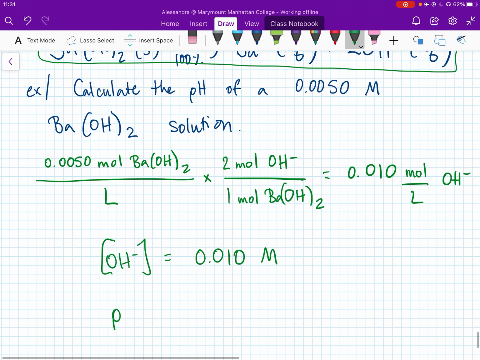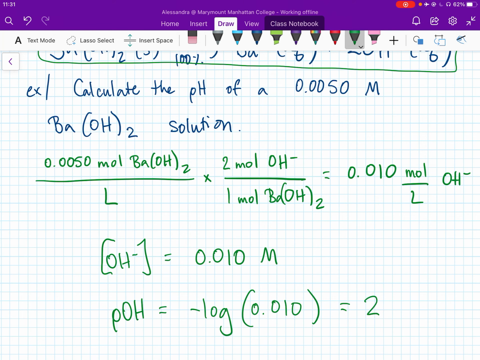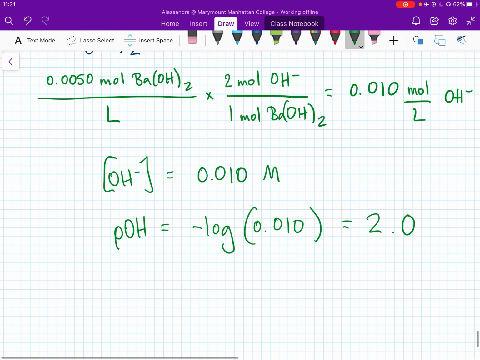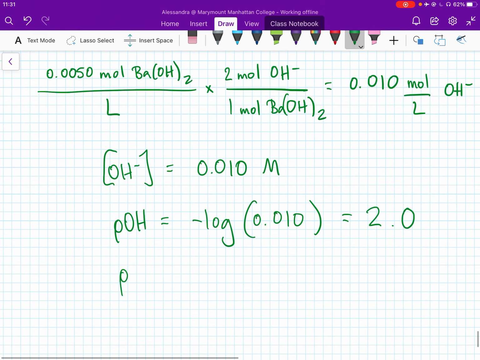And from there, I can get the pOH by taking the negative log. Okay, so the negative log of 0.010 is going to be 2. And the pH, I can get from the pOH by subtracting from 14.